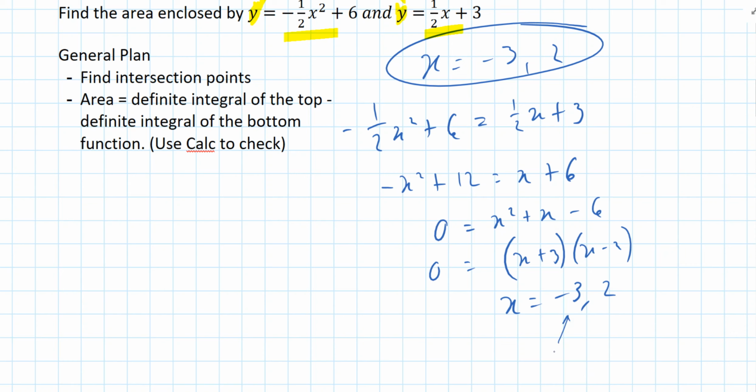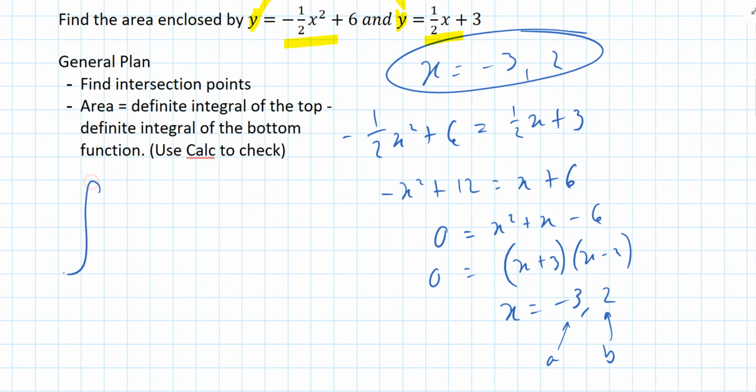These form our a and our b. So we want to integrate, using a definite integral, from a to b of the upper take the lower, which looks like minus a half x squared plus 6, take the lower, a half x plus 3.